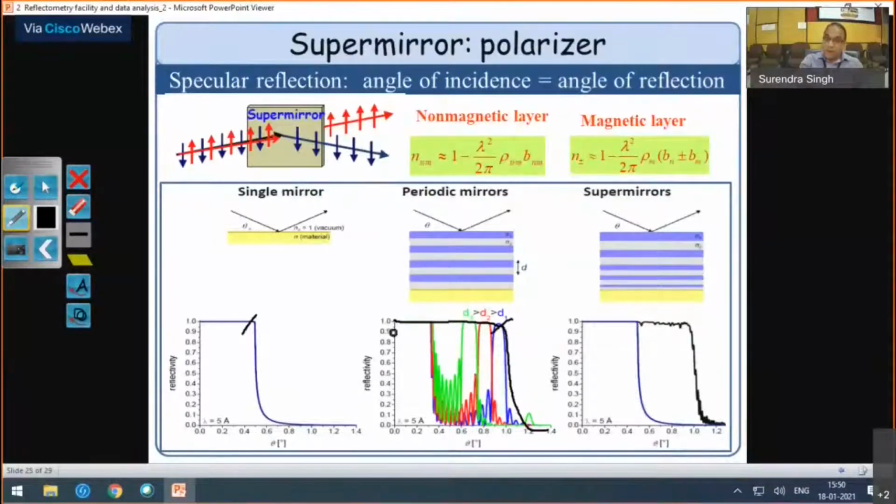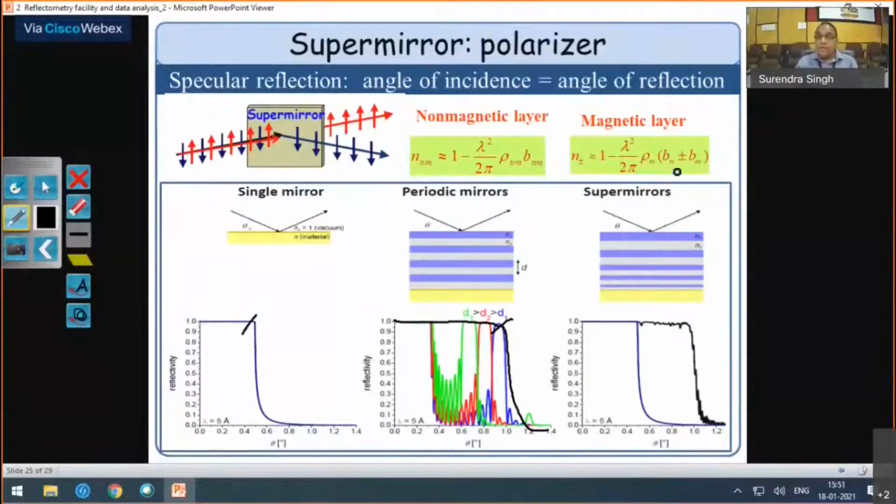Since you have magnetic and non-magnetic layers, you choose the magnetic and non-magnetic components such that for spin up it sees the maximum change in refractive index at the interfaces, because Bn and Bm are comparatively equal and there is a large difference with the non-magnetic one.